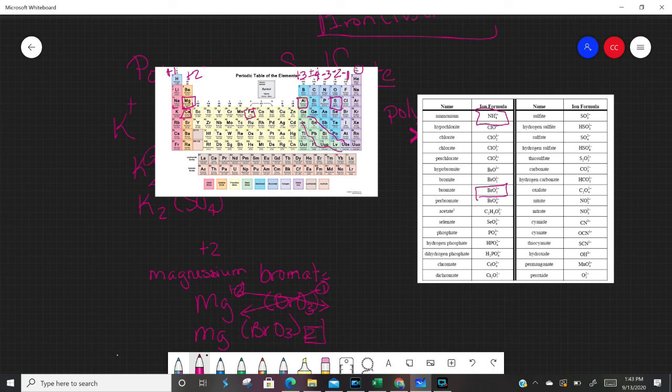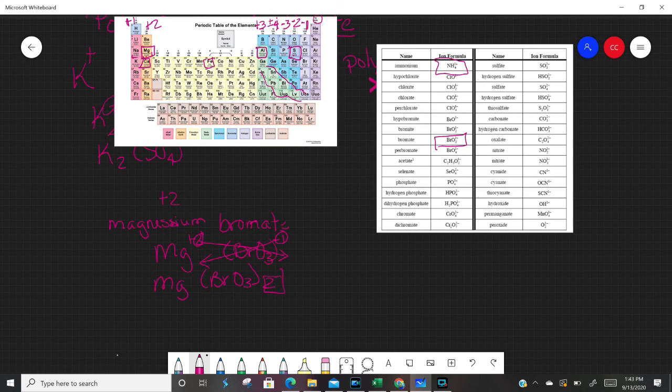So let me try one more. Let's do magnesium hydroxide. Magnesium is still a +2 charge. Hydroxide is a -1 charge.